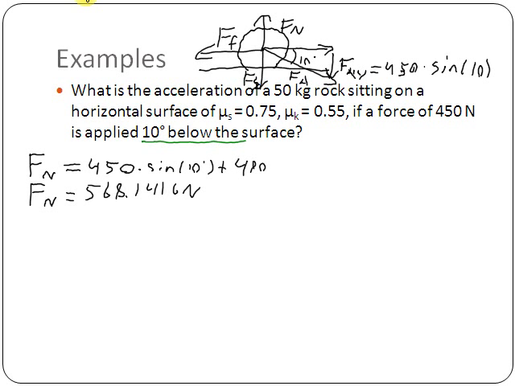Now, let's check. We don't know if this thing's accelerating at all. It might just be sitting still. And if it is, we're going to need to take a look at the static frictional force first. And so the static frictional force is going to be less than or equal to mu s, which here is 0.75, times the normal force, which we just found was 568.1416 right here.